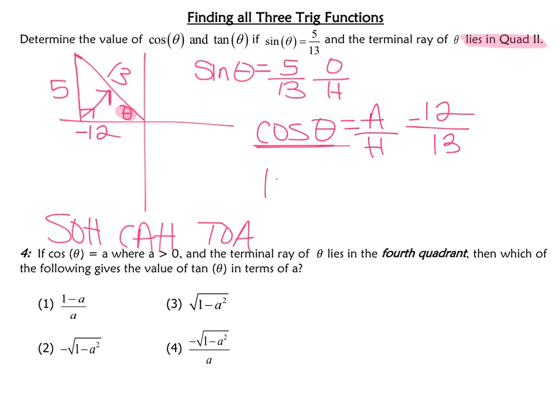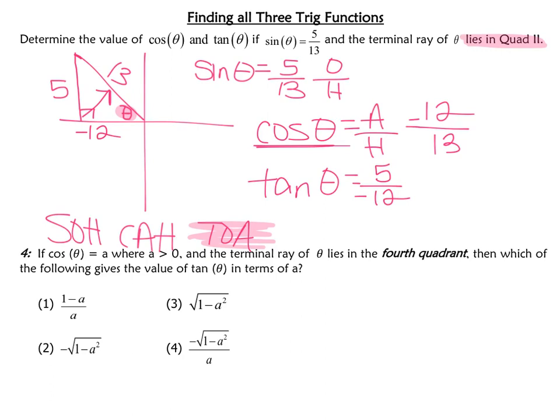Now, the tangent you can do 2 ways. You can do your sine divided by your cosine, which is how we've been doing it, or you could use the TOA, which is going to give you the same answer. So my opposite of theta is 5, and the adjacent is 12, technically -12.